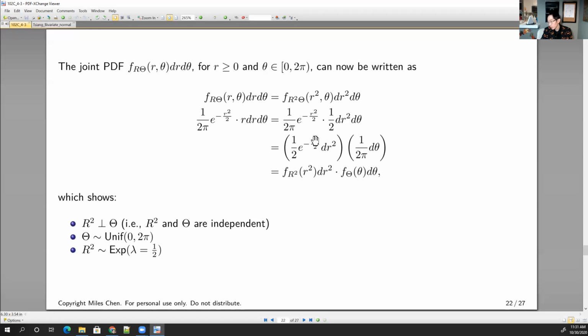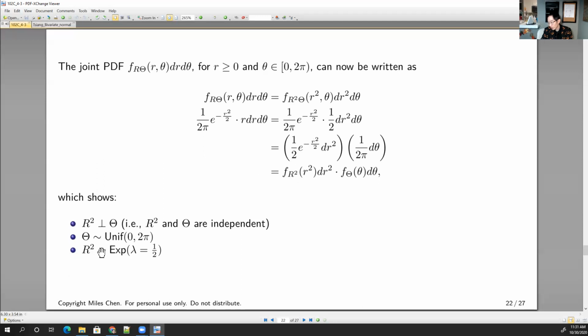And then if you just call r squared something like v, you've got 1/2 e to the negative v over 2 dv. That's basically the PDF of an exponential distribution.